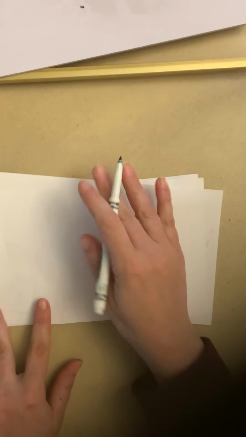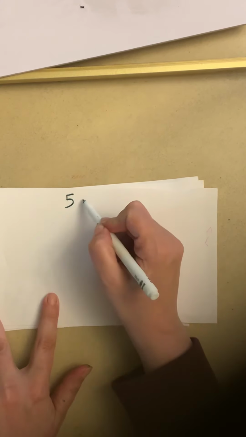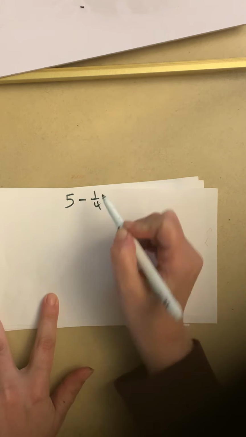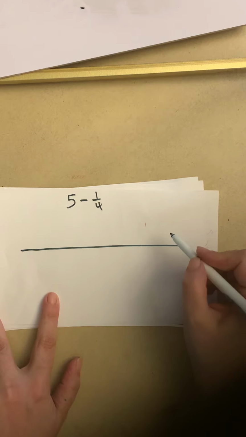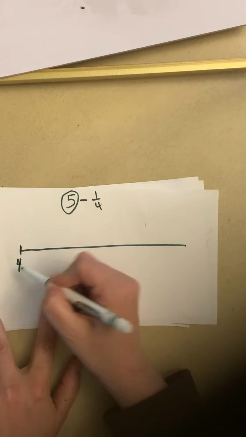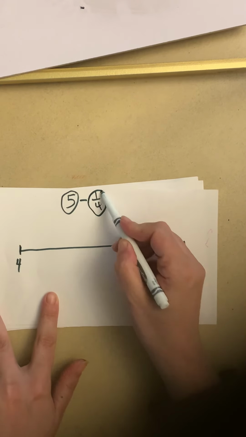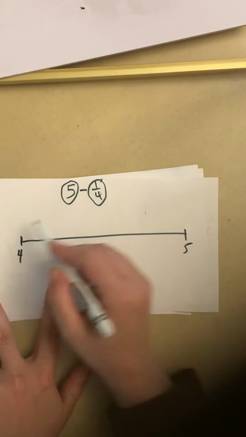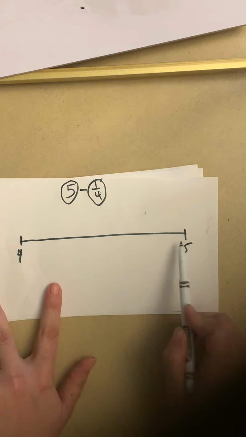Last problem I want you to look at is constructing a number line. That's my favorite part right here. So we have 5 take away 1/4. Now we're going to use a number line to subtract. So now I have 5. So let's say that this is 4 and that's 5. But I want to take away fourths. If I take away a fourth, I need to partition this whole into fourths.